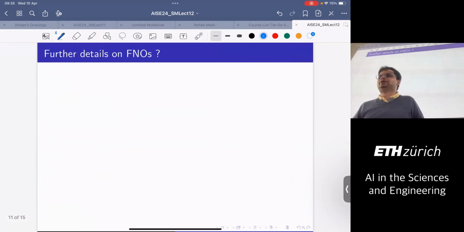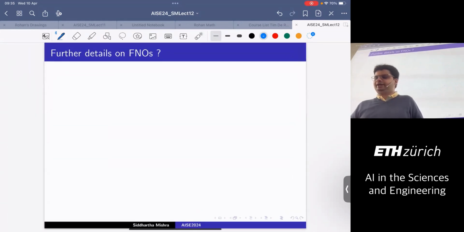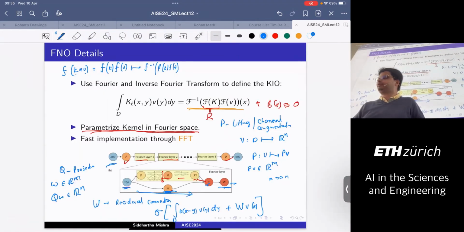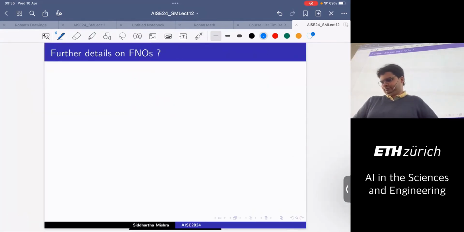I don't have to explain every piddly little detail because some of these are very obvious. The thing that is the most important here is to work with the Fourier layer, this Fourier processing layer.